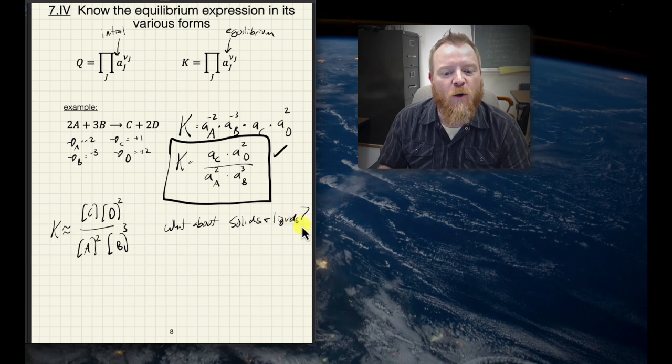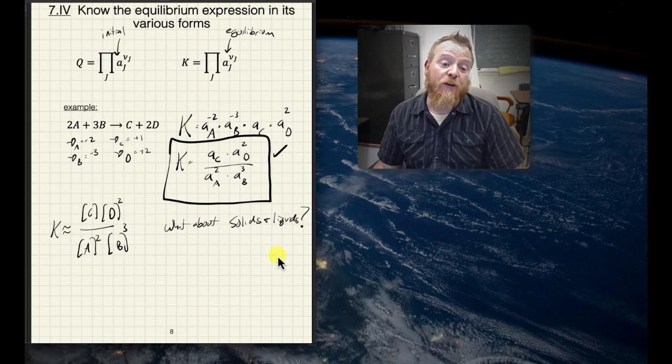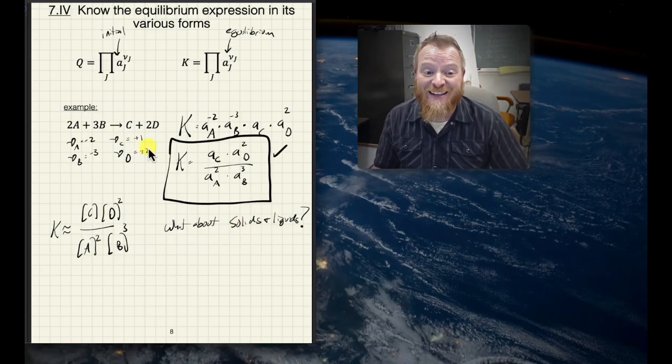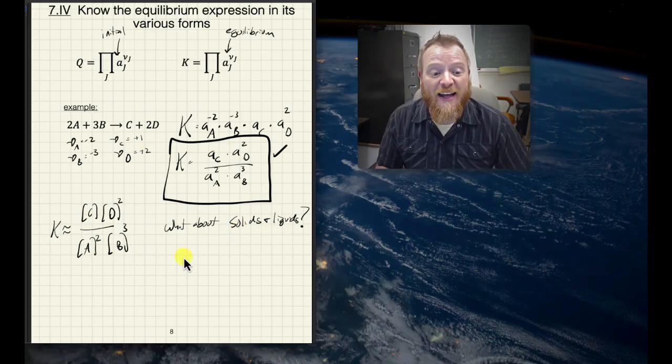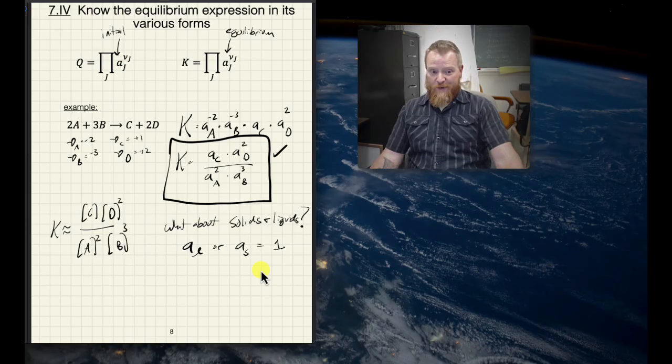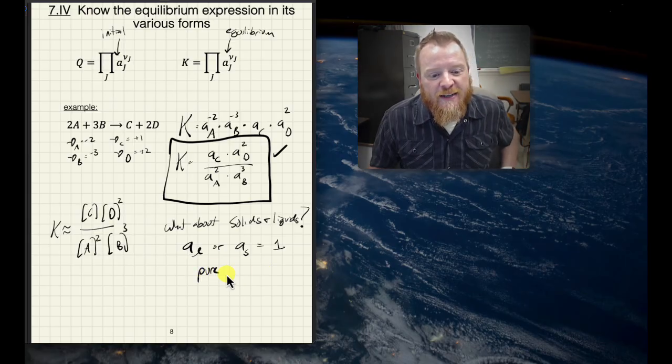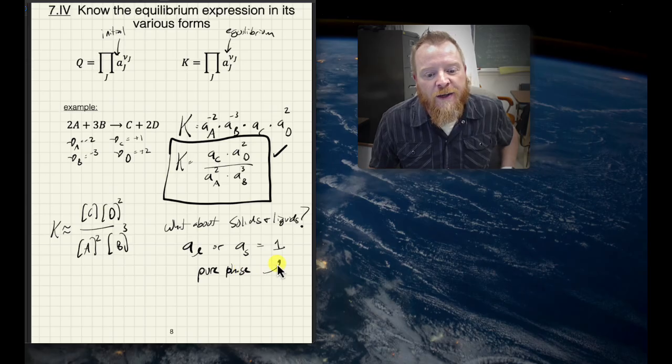Hopefully you remember from your general chemistry days that we don't include pure solids or liquids in the equilibrium expression. That's because the activity of a pure liquid or a pure solid equals 1. Any pure phase has an activity of 1.